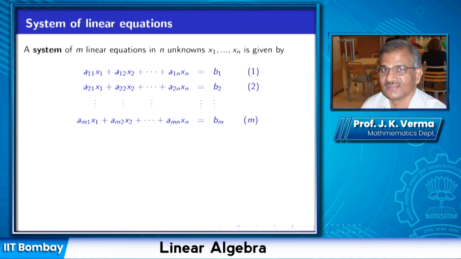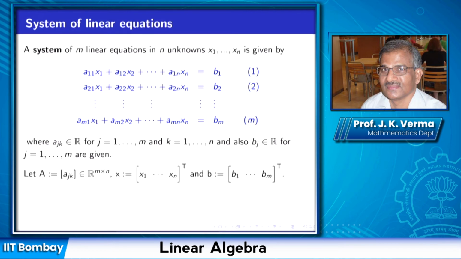This notation is used so that we can write this system of m equations in n unknowns in matrix form. We extract the coefficients ajk of this system of linear equations and record them in a matrix A, which is m by n. Let x be the column vector of unknowns x1 up to xn, and b the column vector of known quantities b1 up to bm.